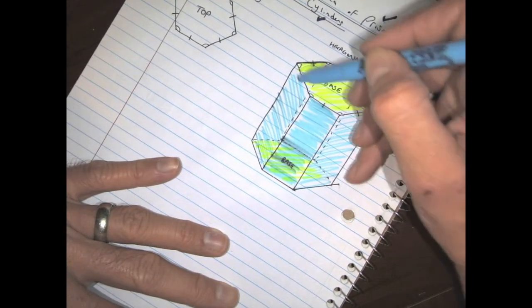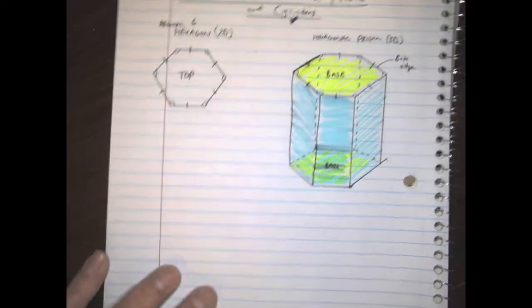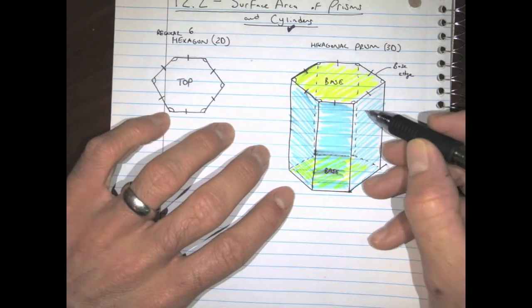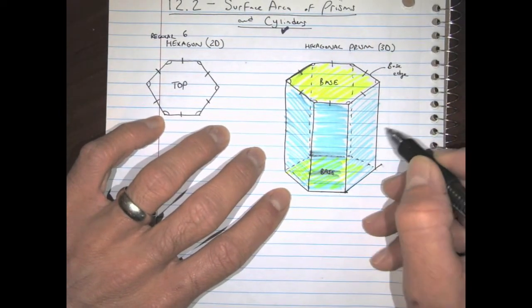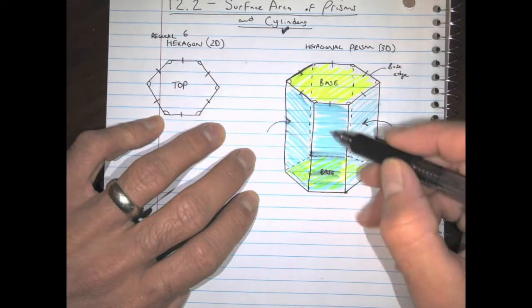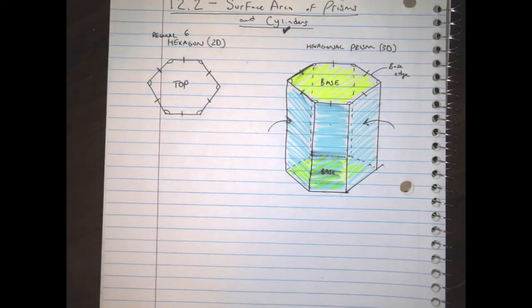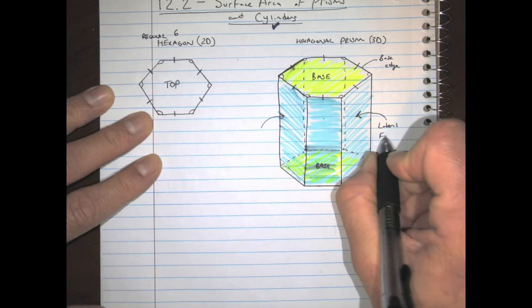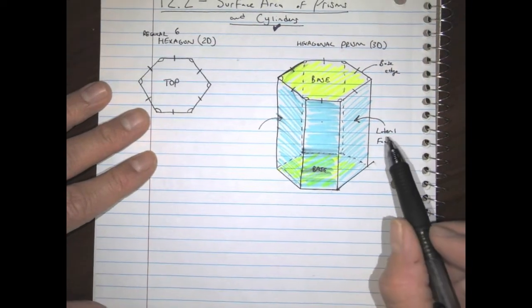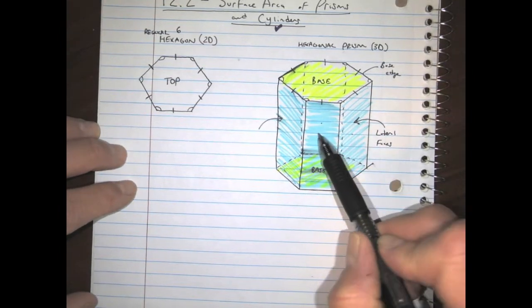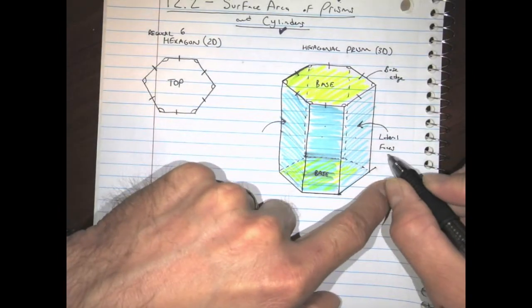And if you can visualize this with me, a little difficult, but you have a couple more rectangles behind this hexagonal prism. You have one back here, you have one back here, and then you have the one in the very, very back, if you can visualize that with me. They're all rectangles. We call these lateral faces. Might not be able to read that. Lateral. These are what we call lateral faces, and there are 6 of them.